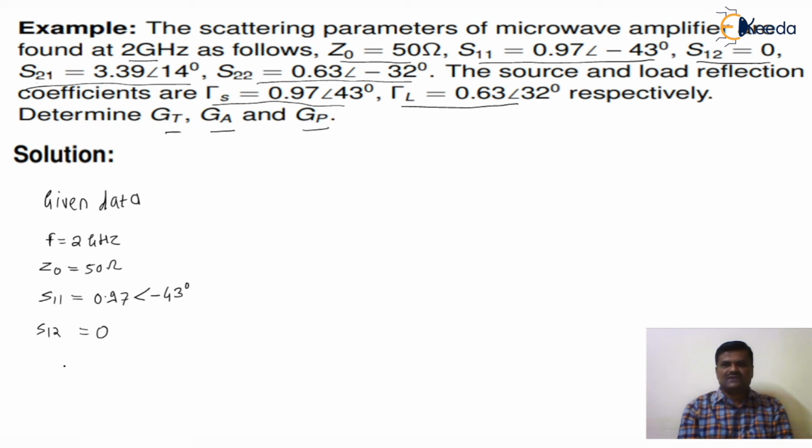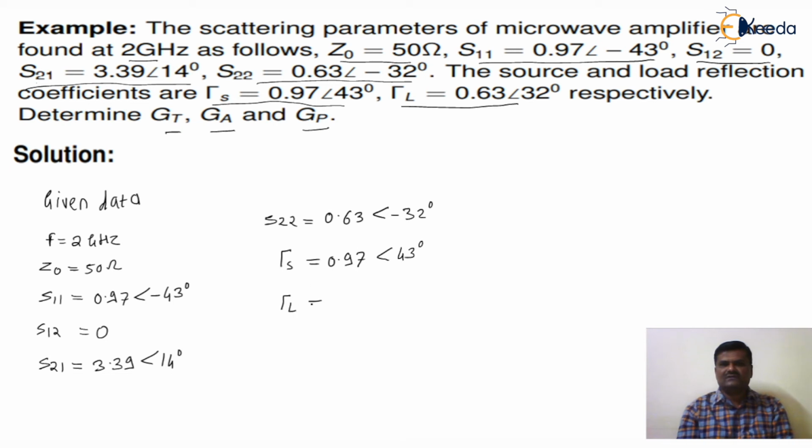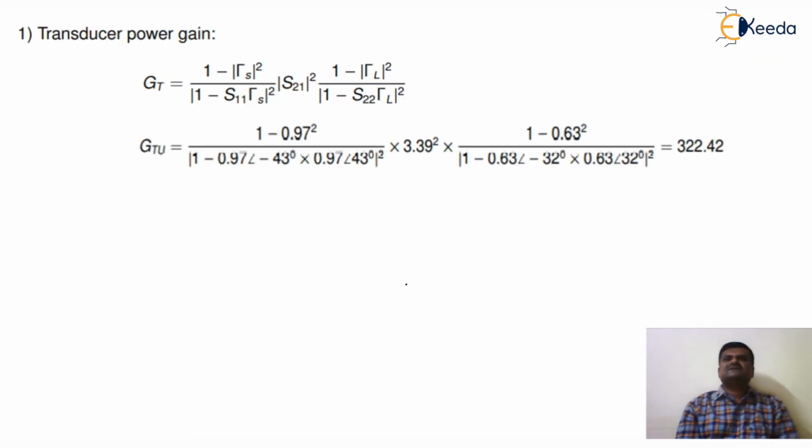S21 equal to 3.39 angle 14 degree, S22 equal to 0.63 angle minus 32 degree, gamma S equal to 0.97 angle 43 degree, and gamma L equal to 0.63 angle 32 degree.